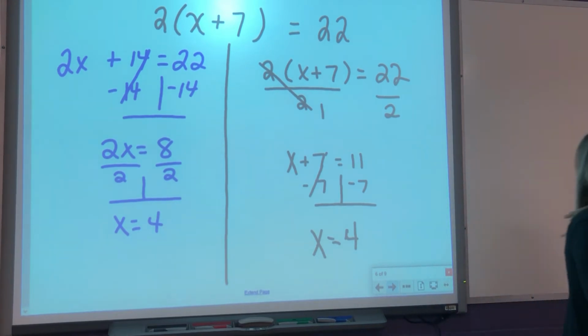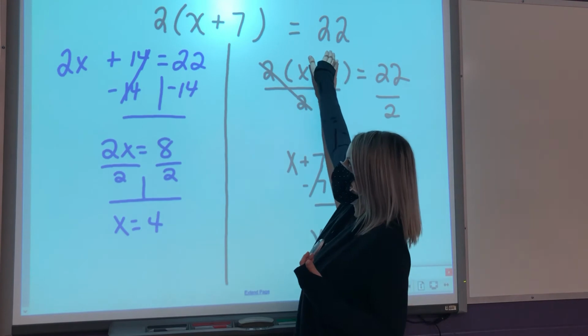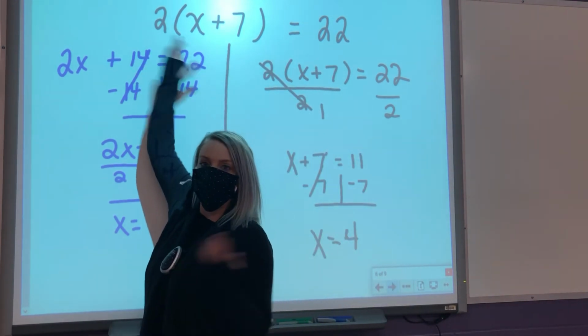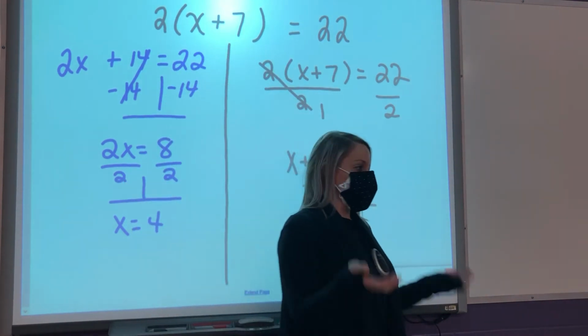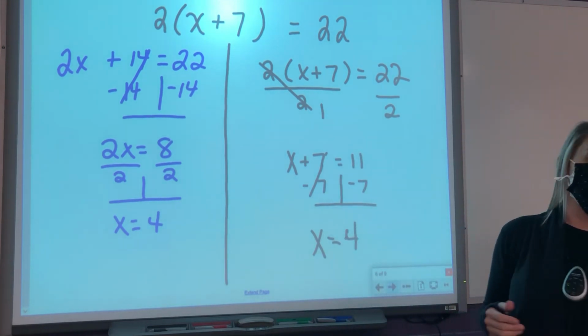So that's something to think about, especially when you get into higher level math, so you don't have to distribute. Because sometimes kids make mistakes when they distribute. Not that they don't make mistakes anywhere else, but if your answer is divisible by your coefficient, get that out of the way first, and then we'll look at your addition or subtraction.